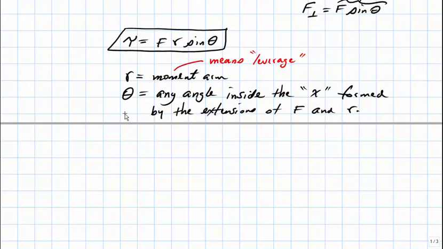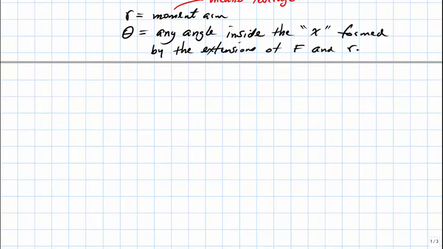So again, theta is any angle inside the X formed by the extensions of F and R, and we're going to look at an example of what is meant by this definition. In our example, the force looks like this, and R looks like this.